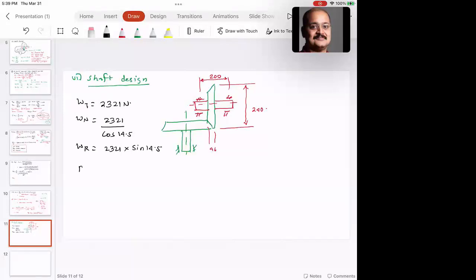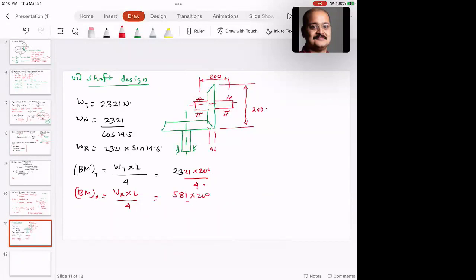So the maximum bending moment because of the tangential force is Wt multiplied by L divided by 4, because it's simply supported. 2321 times 200 divided by 4. Wr L divided by 4, 581 times 200 divided by 4, 581.